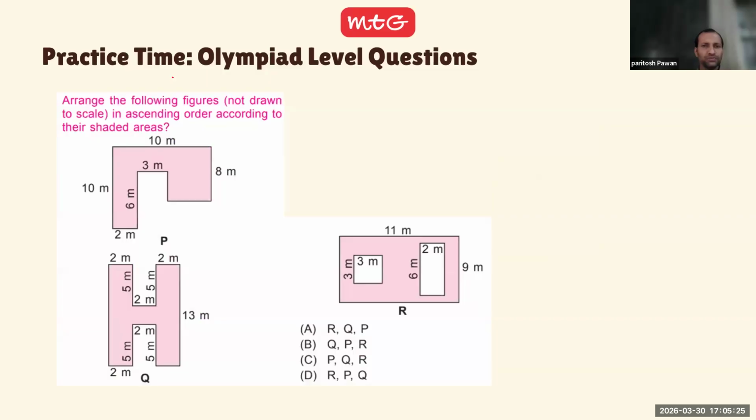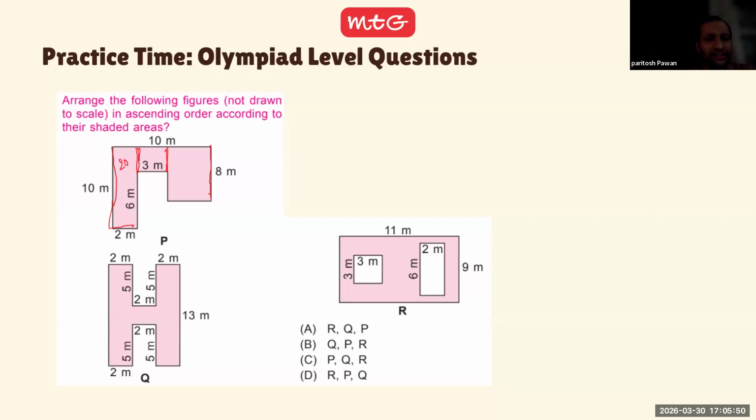So now solve this question. Here, I will help you out how to calculate that. Here, this area has to be divided into separate parts like this. So this is 10 into 2, so this area is 20.